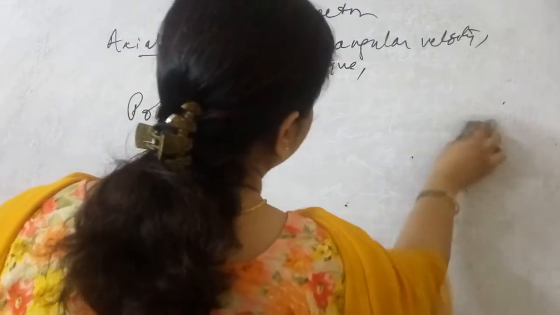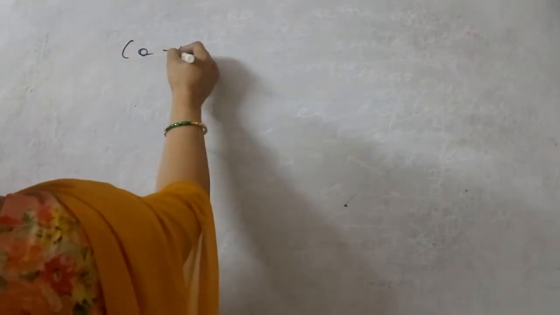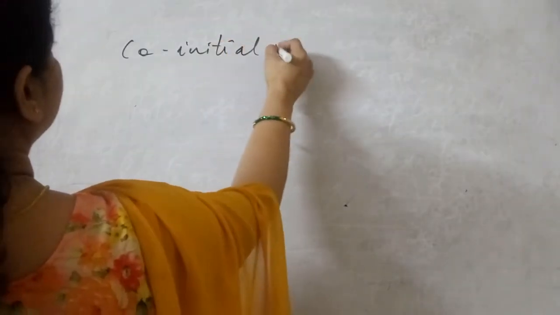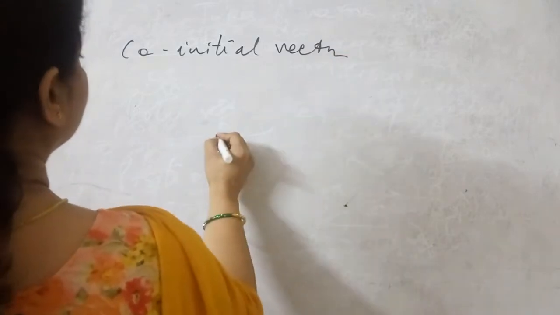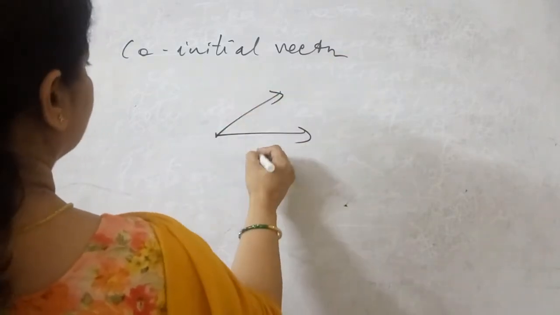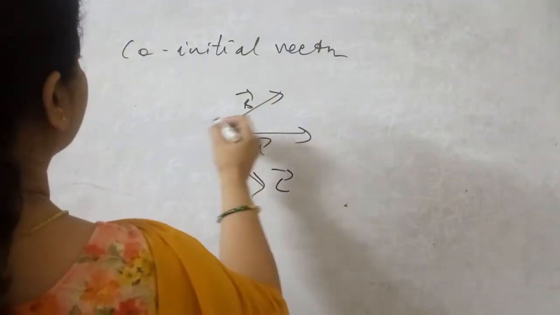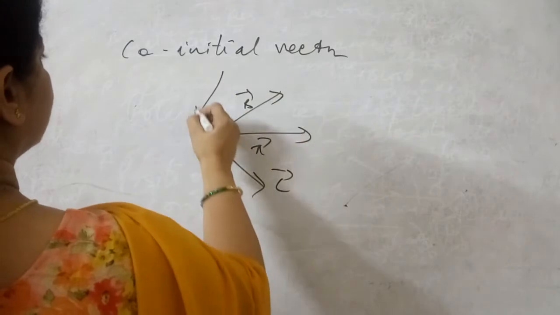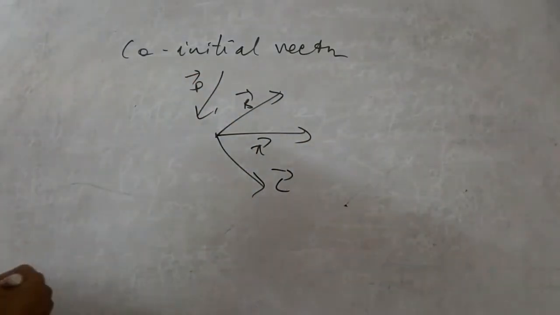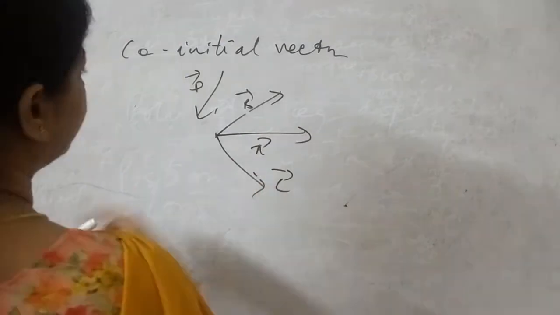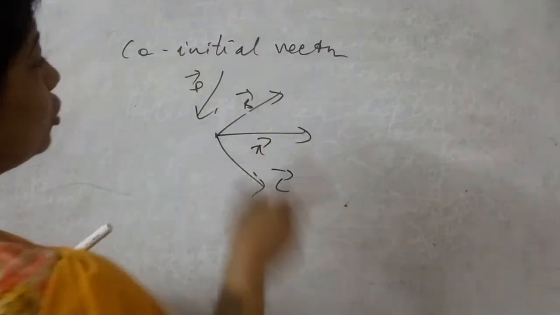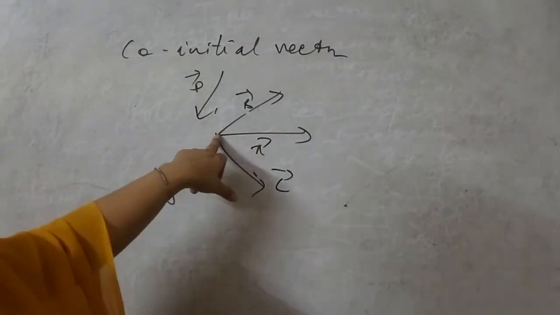Now let's do the co-initial vector. Co-initial means vectors that have the same initial point. It simply means you have many vectors and the starting point is the same. Suppose this is vector A, this is vector B, this is vector C, and then there is vector D. Vectors A, B and C are co-initial vectors, but D is not a co-initial vector because its starting point is not the same.